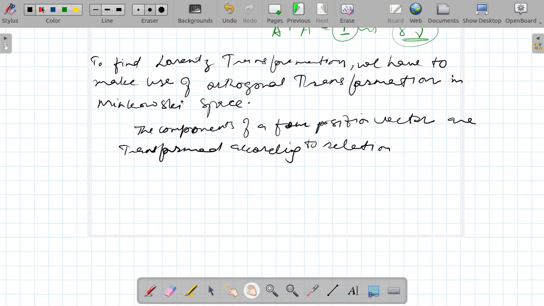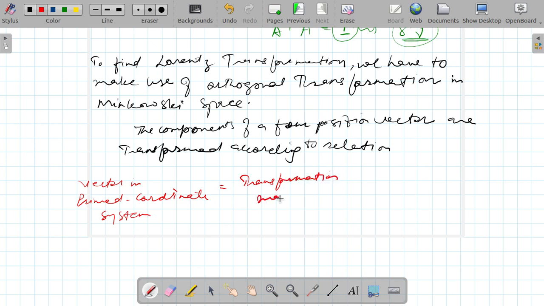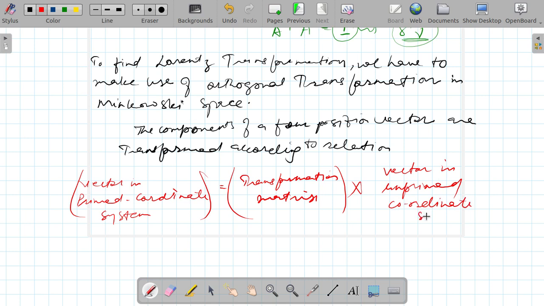Let me write down that expression. That means the vector in the primed coordinate system must be equal to the transformation matrix multiplied by the vector in the unprimed coordinate system.